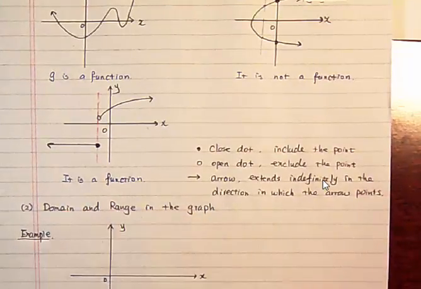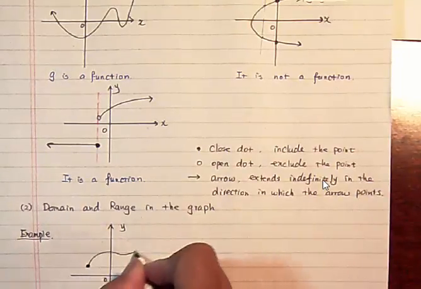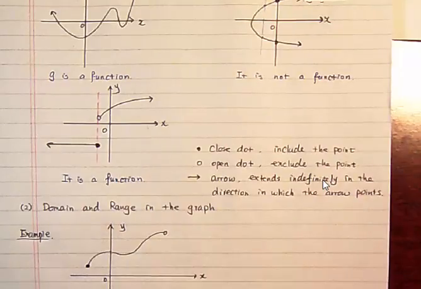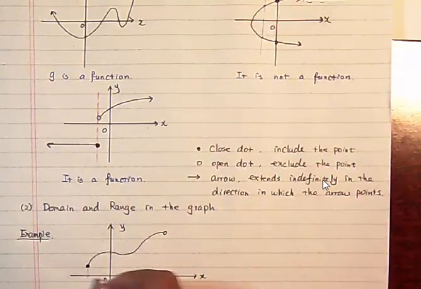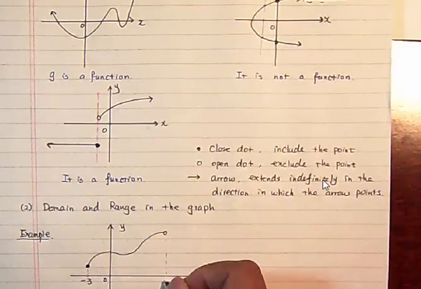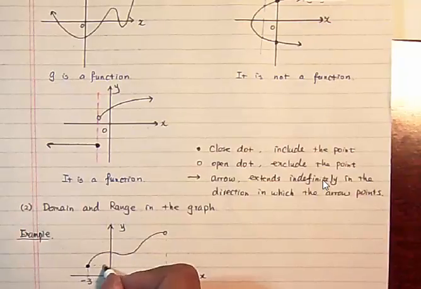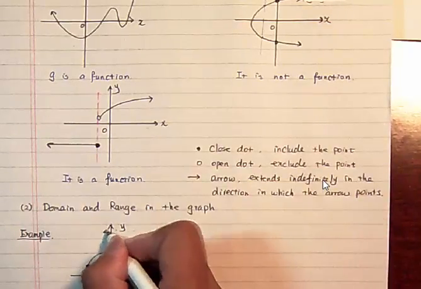So I have a graph maybe going like this. It is a function, passes the vertical line test, and here is corresponding to the point. Let's make up a number -3, and this is 10, and maybe this is 1, and this is 4.